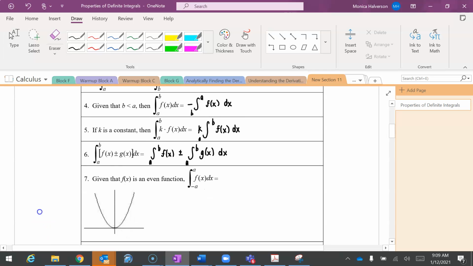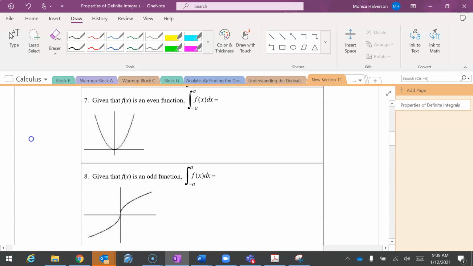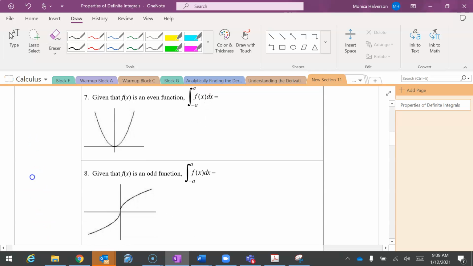So finally, the last two we're going to talk about are when we have an odd or an even function. If we have an even function, our upper and lower limits are opposite in sign, so negative a to a. And remember, when we talk about an even function, that means that we have y-axis symmetry.